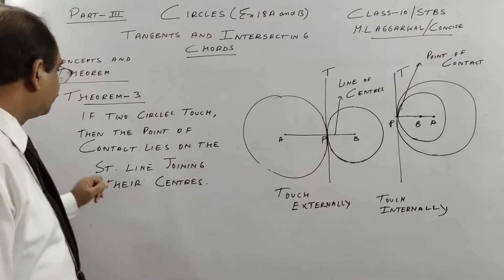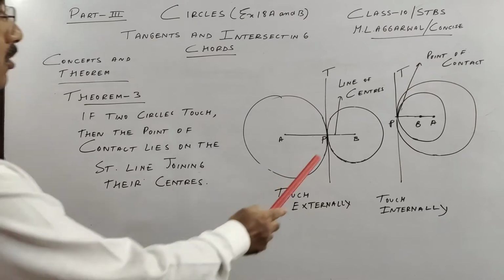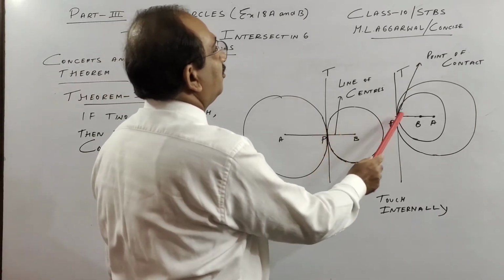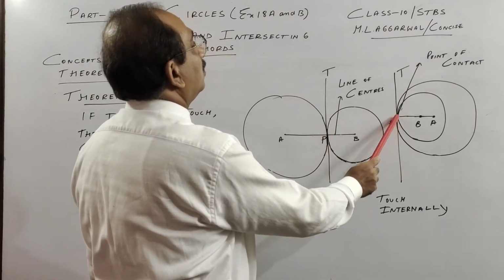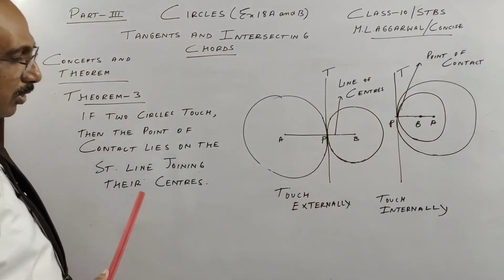Now, if 2 circles touch, listen, children, 2 circles will touch each other if and only if they have one and only one point in common, and that point is called the point of contact. If you see, they meet at one point, and that point is called the point of contact.